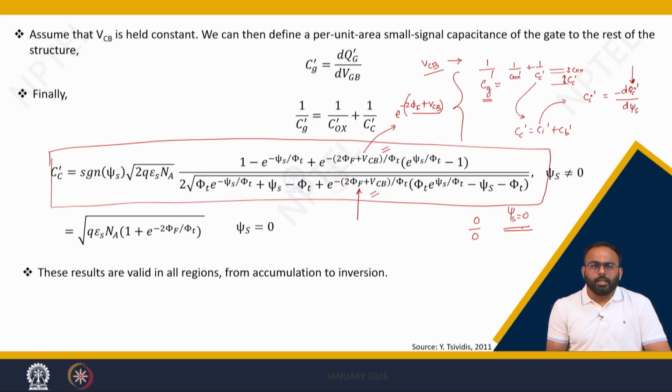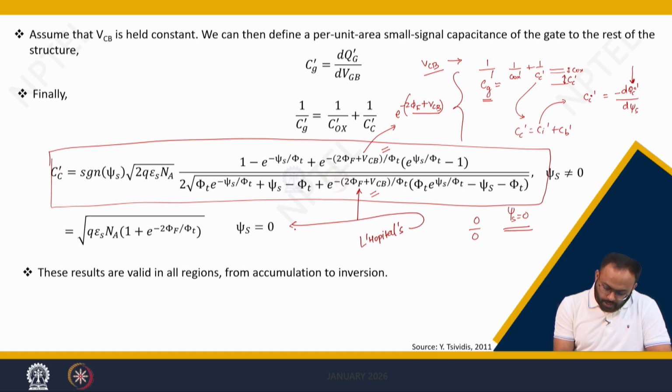We said that in the flat band condition, though the charges are not available at the surface, the change in the charge is there, and the capacitance can be defined as the change in charge. So, we used L'Hopital's rule to calculate the capacitance in the flat band condition.